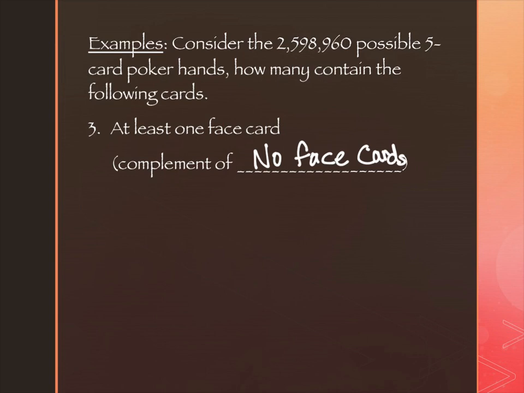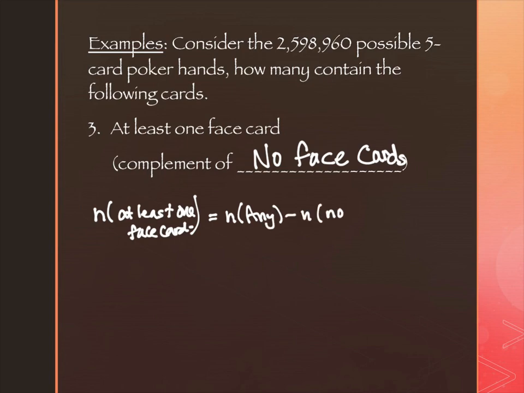So we have our same setup that we had before. The number of ways of getting at least 1 face card is the number of ways of getting anything to happen minus the number of ways of getting no face cards. Our number of ways of getting anything to happen is that same 2 million number, so I'm going to put that in there.